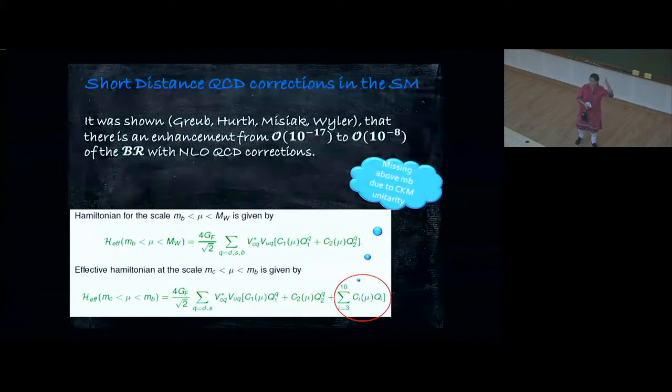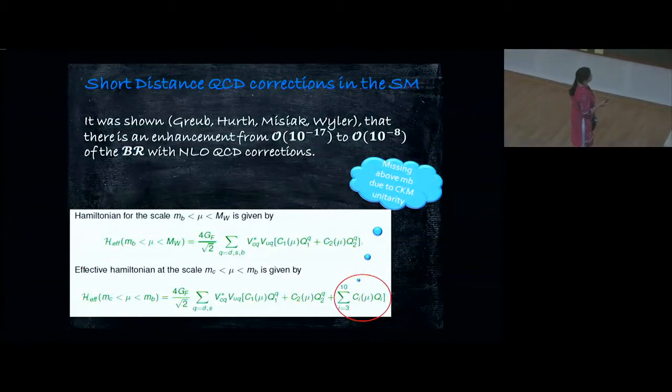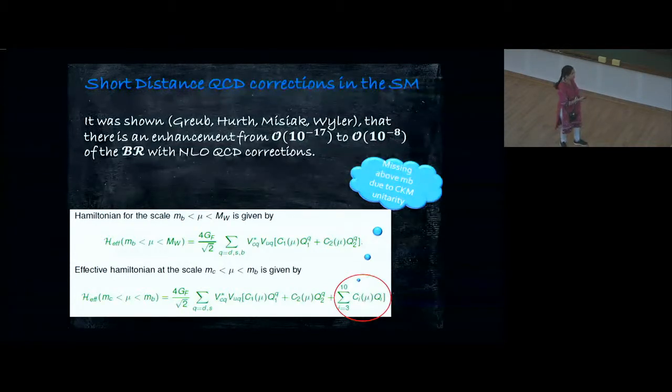You start integrating out the weak gauge W bosons, and at that point, since you're summing over all three down-type quarks, all you get are the current-current operators, the C1 and C2 contributions only. You do not get contributions from the other operators, O3 to O10, because of unitarity. You're summing over all of them, and if there's no dependence on the specific quarks, this sum over all the three quarks from unitarity just goes to 0.